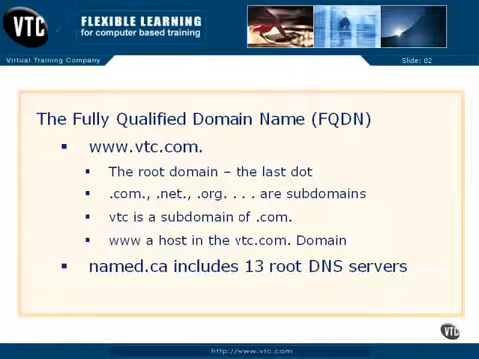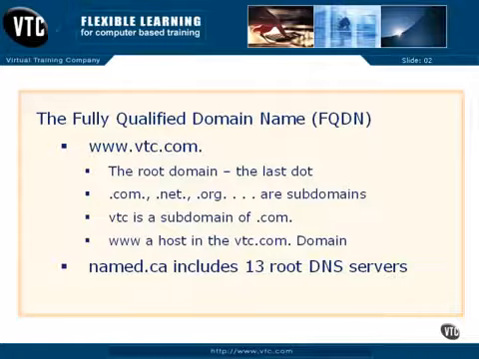Each of these 13 servers in the root domain can call upon authoritative DNS servers for .com, .net, and so on. Then the authoritative DNS server, or at least one of the authoritative DNS servers, in this case for .com, can find the authoritative DNS server for the vtc.com domain.